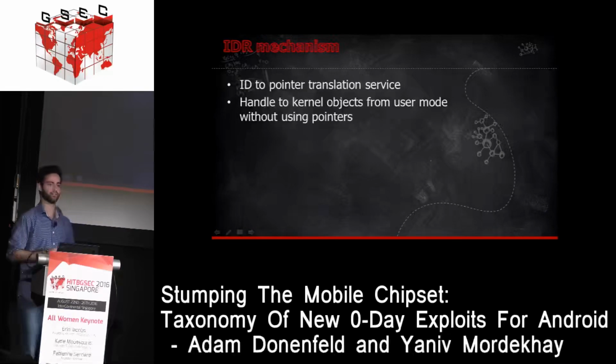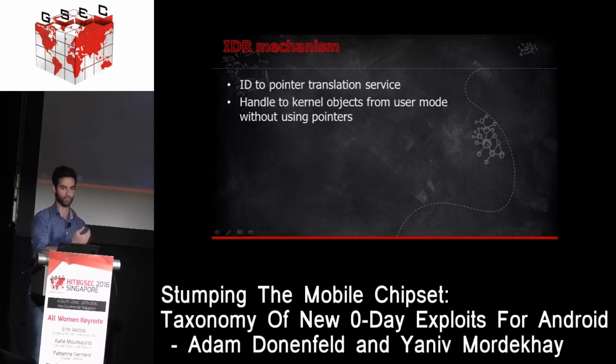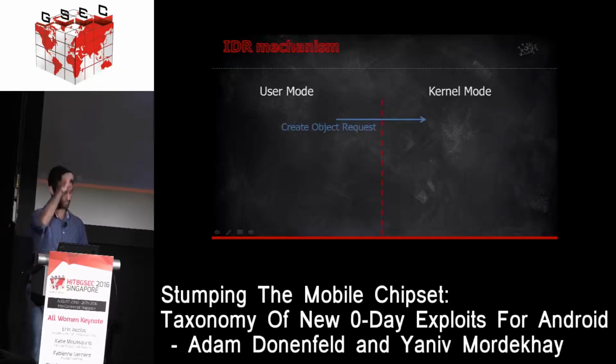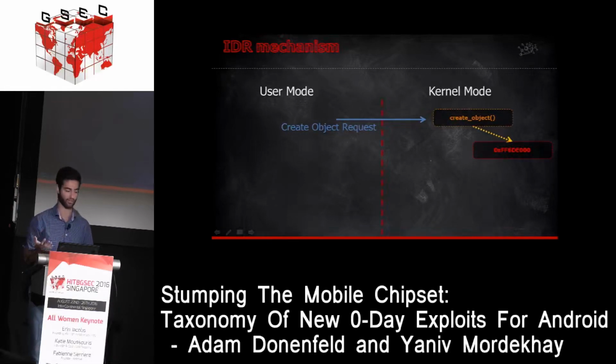This mechanism allows user mode to reference kernel objects without revealing sensitive kernel addresses. So let's say that the user asks the kernel to create an object. Now the kernel allocated data, initialized stuff, and now we have a kernel pointer. Obviously we don't want to give the user this kernel address because that would be an information disclosure.